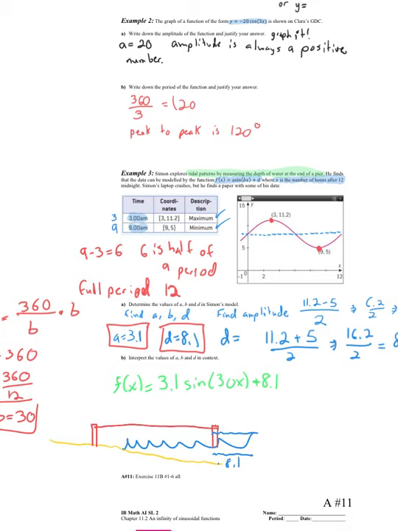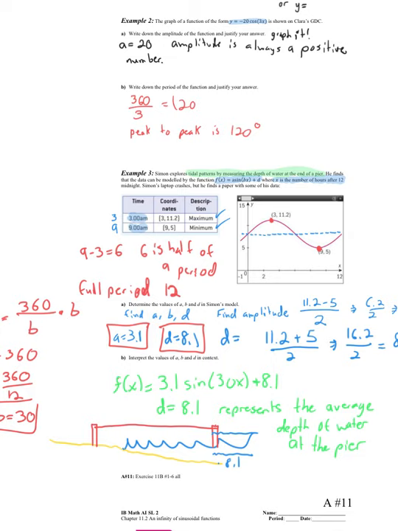So the D value, 8.1, represents the average depth of water at the pier.